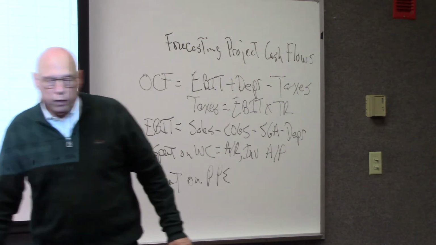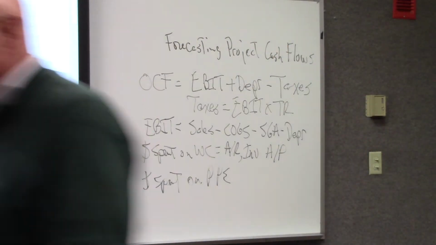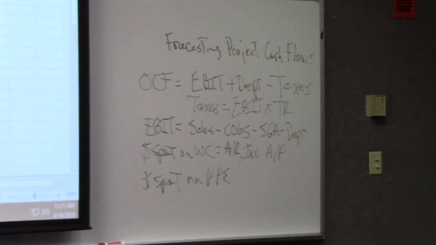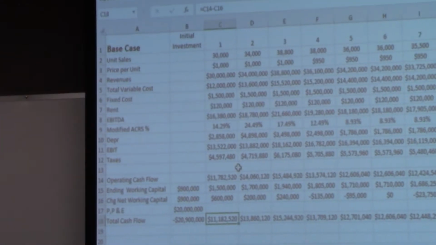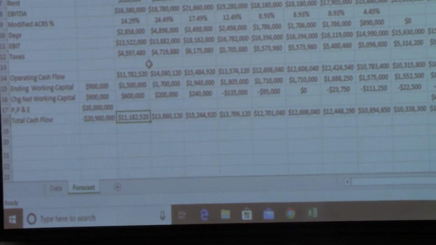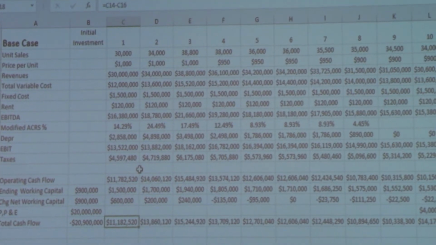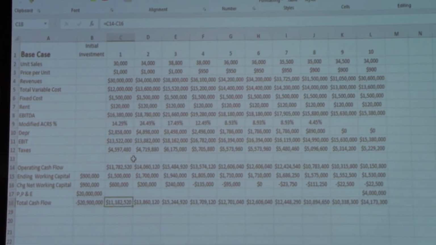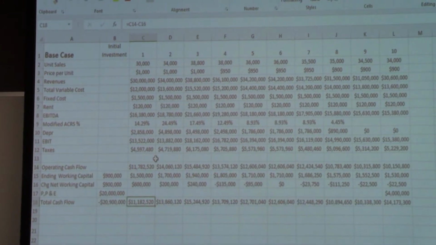And now let's shift over to, I'm going to move the camera here, and let's shift over to the spreadsheet. Let me get this into focus here. All right, let's get this into focus. A little too big. There we go. I think you got it. All right.